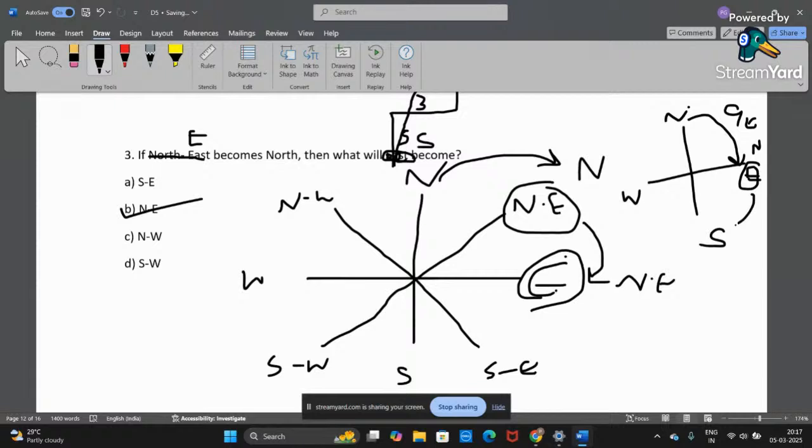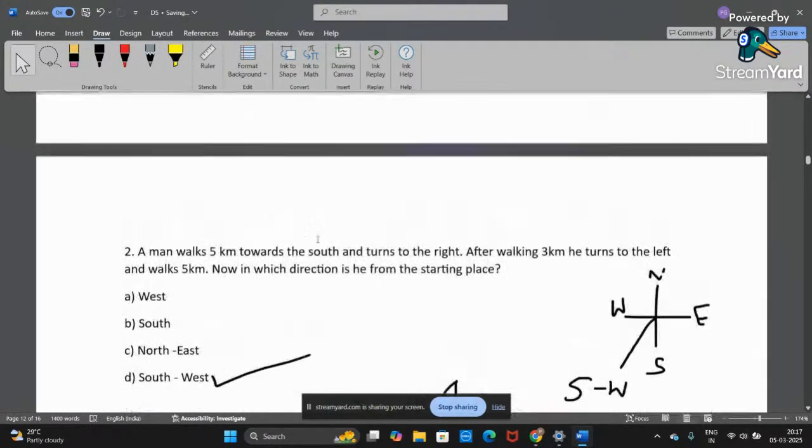Yes, south will become east. Sorry, if east becomes north, then south becomes east, then west becomes south, and north will become west. They are moving 90 degrees forward. This will become south. Yes.